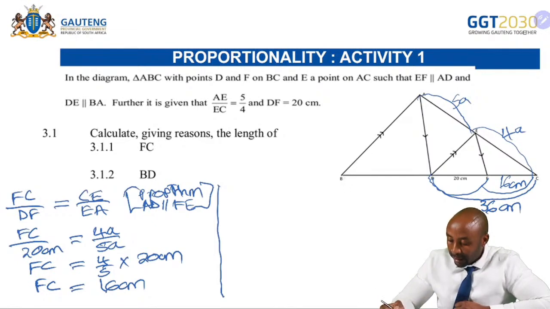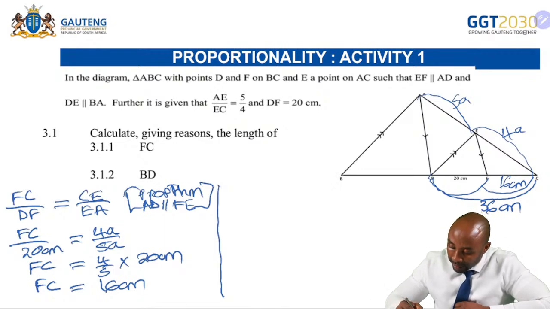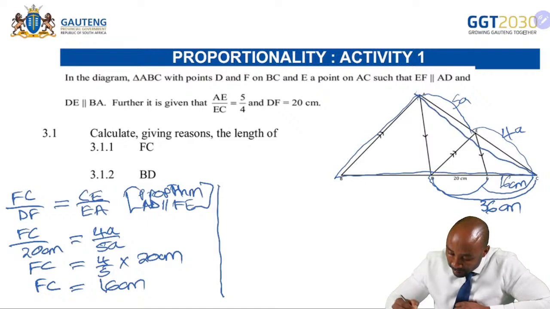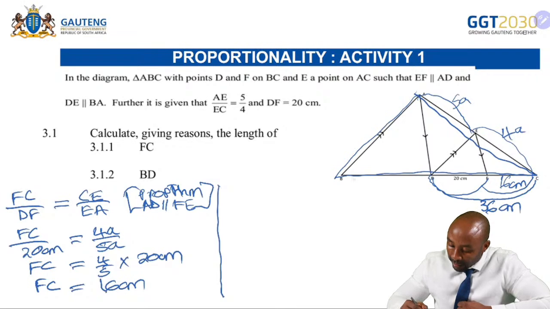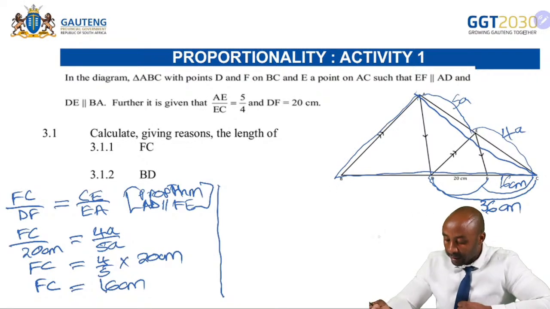If I look again, I have triangle ABC, which is the one that is going to help me. I also have parallel lines, AB and DE.